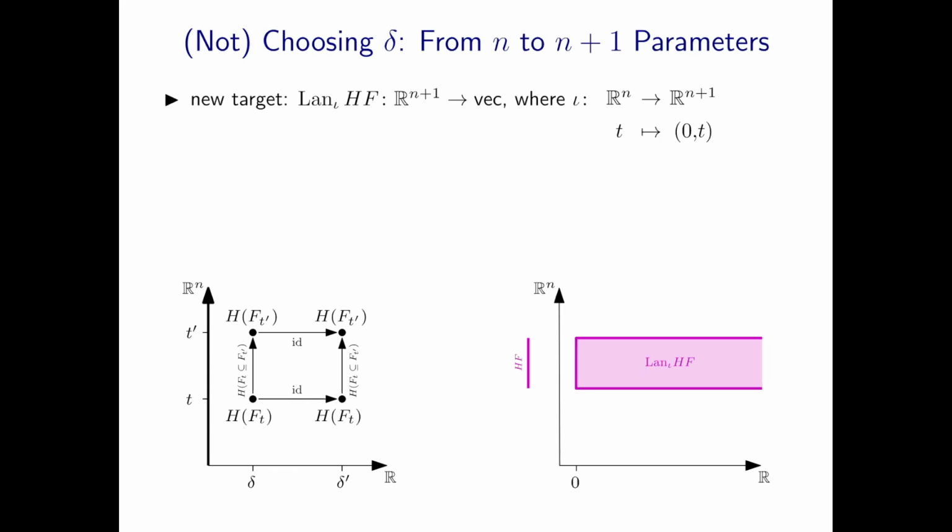Okay, so the mathematical operation to do that is a left-hand extension of the inclusion of R^n into R^(n+1), where R^n is mapped to the vertical axis. And this is my new target. If my persistence module had a single bar initially, if it was a one parameter persistence module, so n equals 1, then that single bar would become this rectangle here on the right.